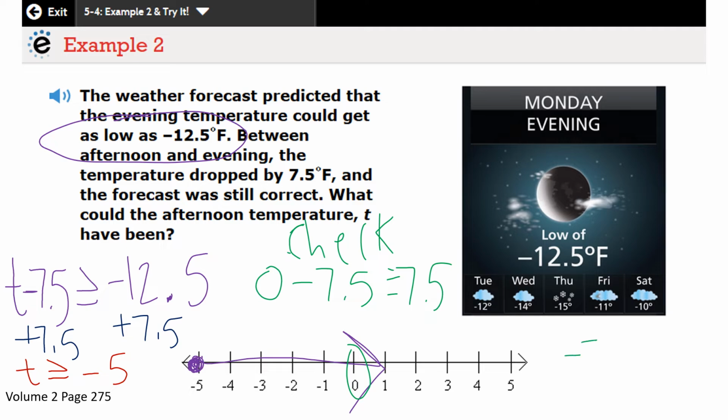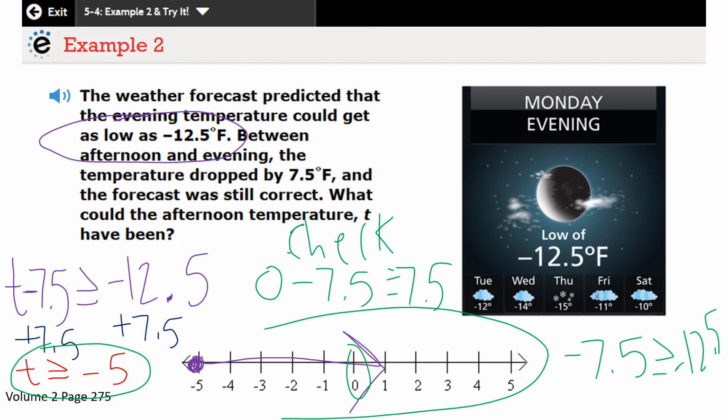Well, negative 7.5 is still greater than negative 12.5 degrees. So that means this makes sense. So this is our solution written as an inequality, and then this is the graph of our solution.